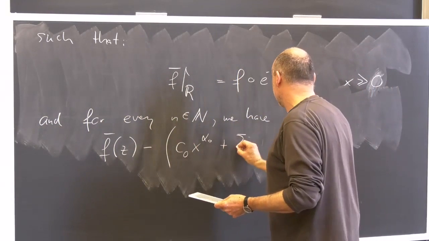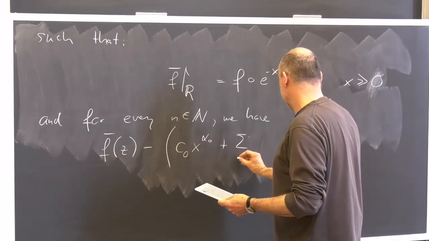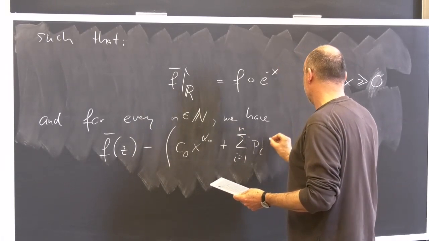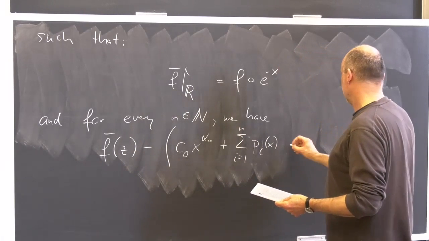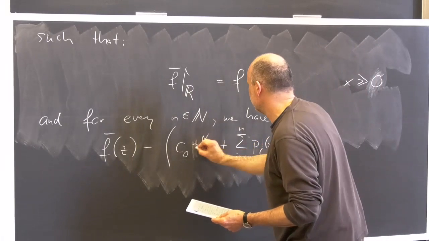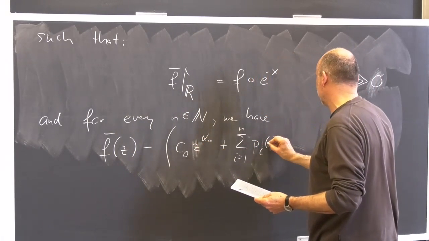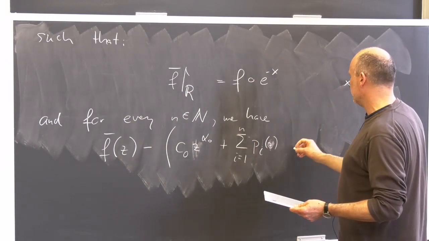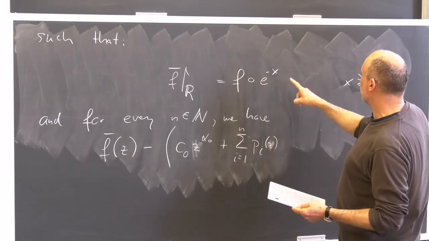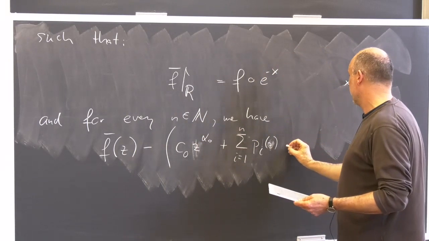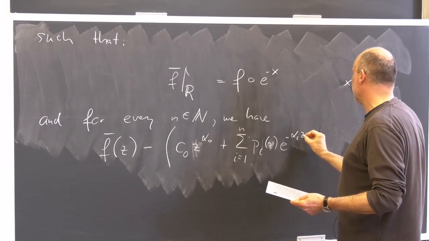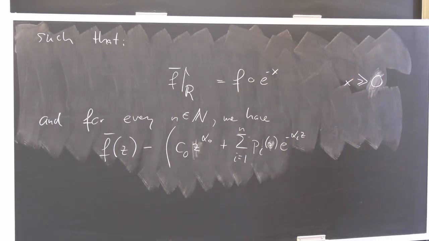But after that, the next n terms are pi of z, oh sorry, z, right now I'm talking about complex. Pi of z, a polynomial as a coefficient. And since we are now in the log chart, we are talking e to the minus alpha i z as the powers that appear in this series.